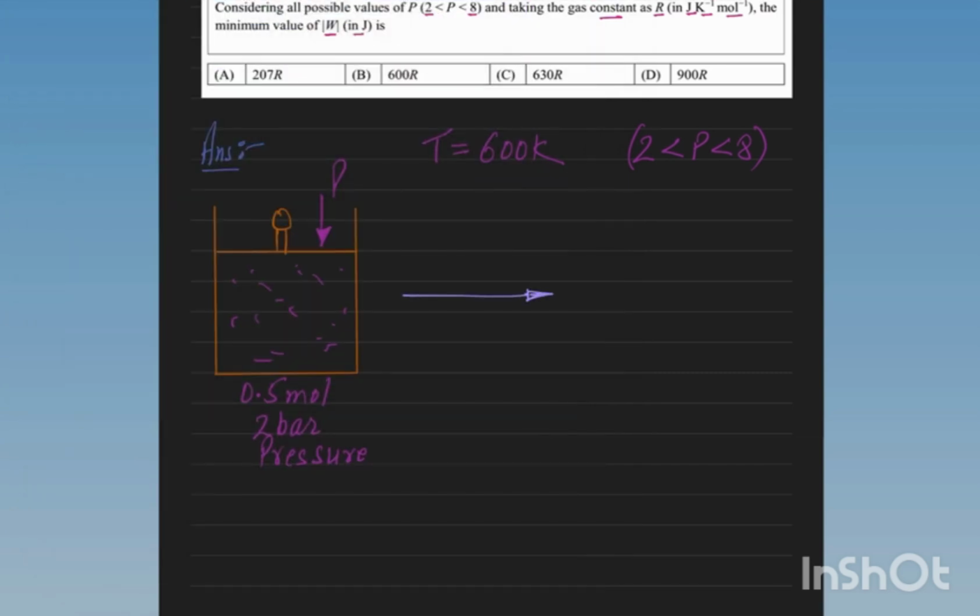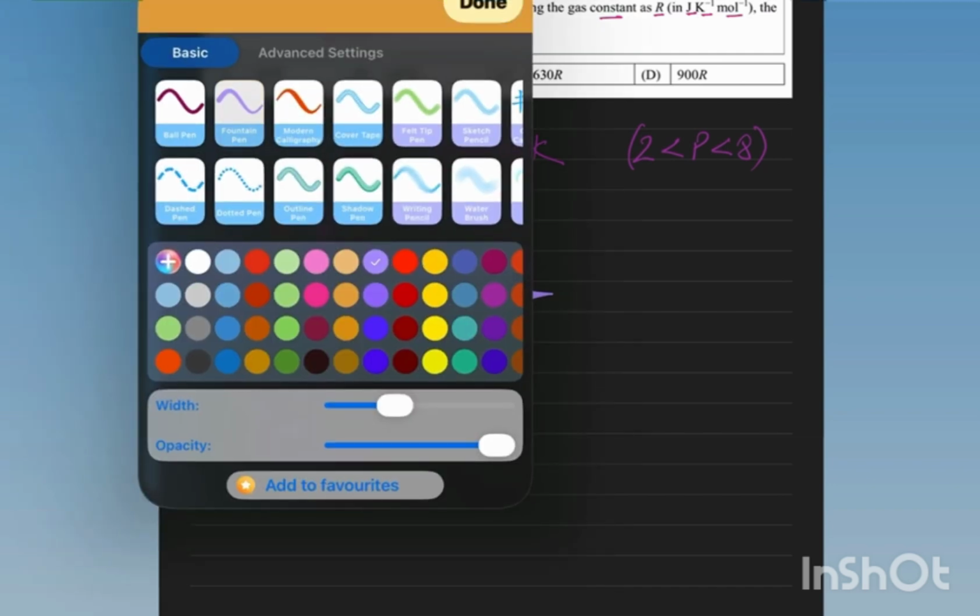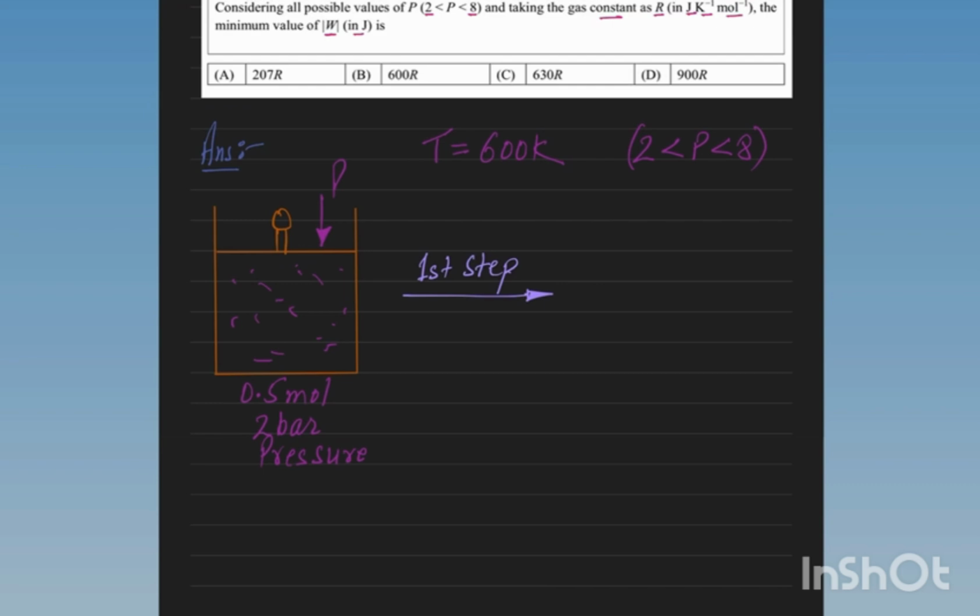So when we talk about the first step, assume that this is the first step. In this first step, the gas is compressed from here to here.